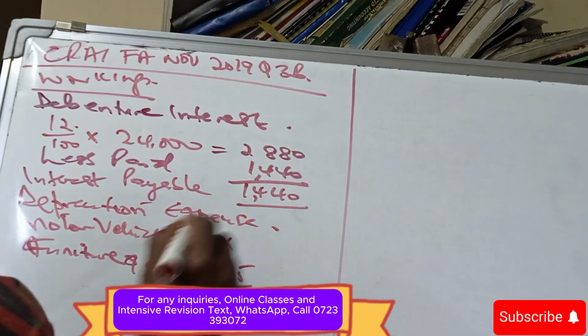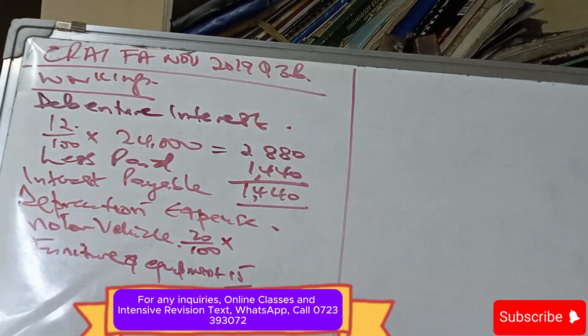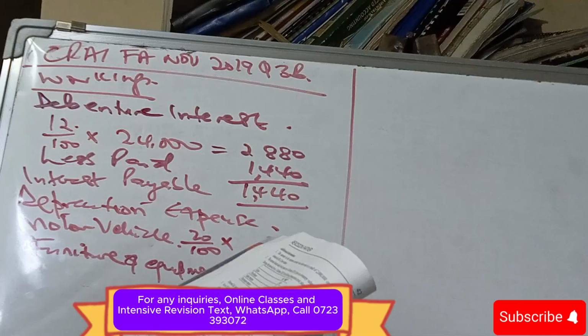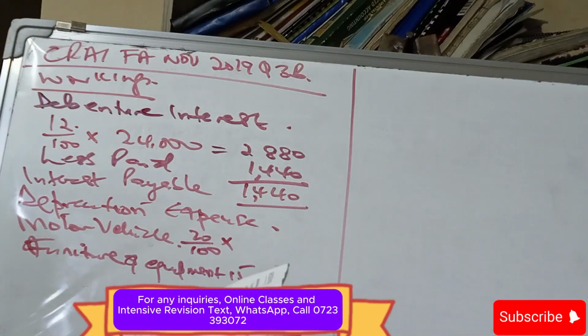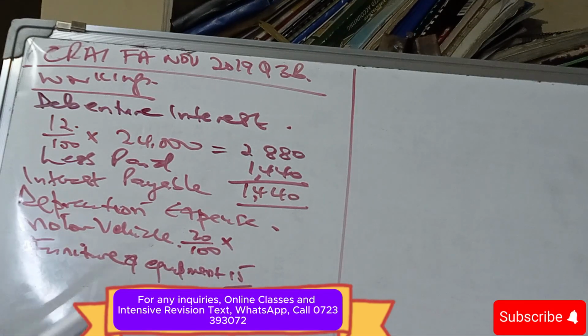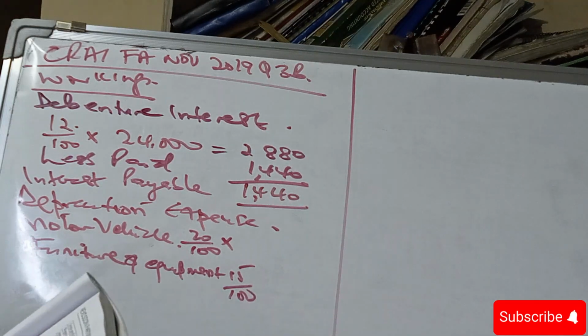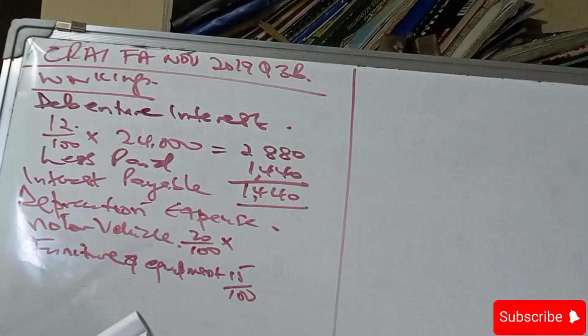So we go to the trial balance and get the purchase costs for the motor vehicles. For the motor vehicle, please mark, don't go to the net book value. Go to the cost given, 59,100. The trial balance shows a figure of the net book value, but you are told clearly it is 59,100.